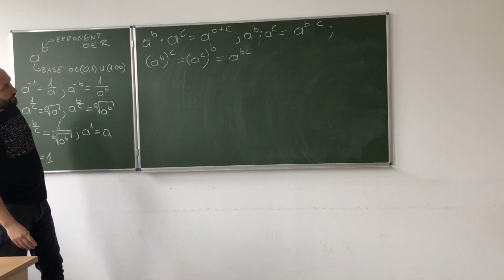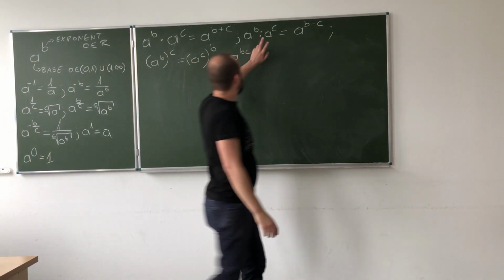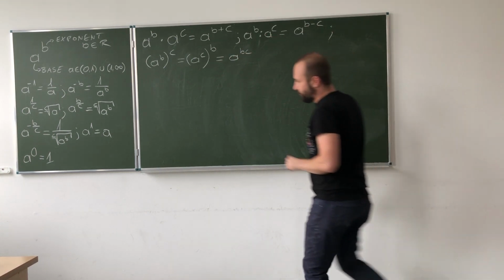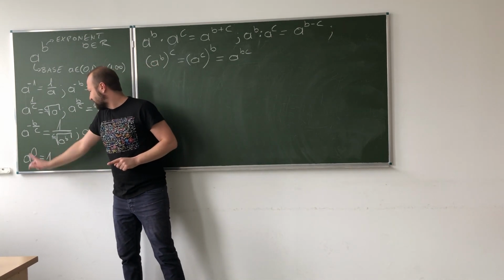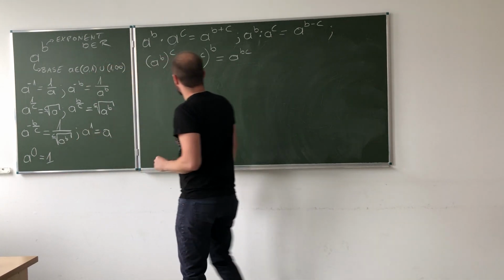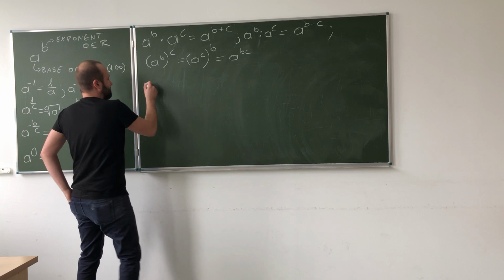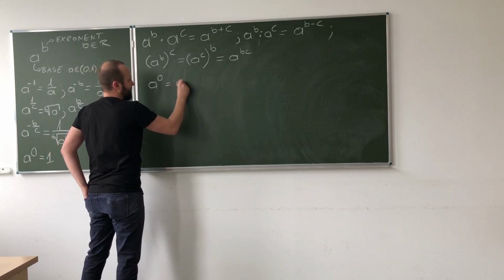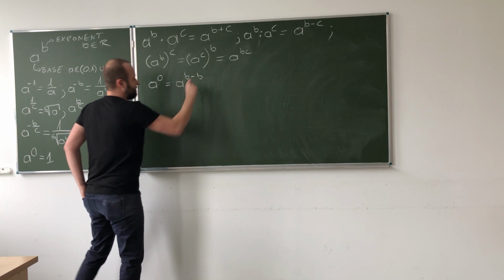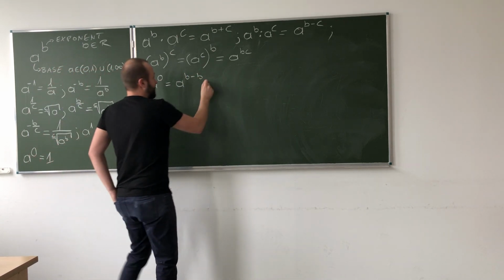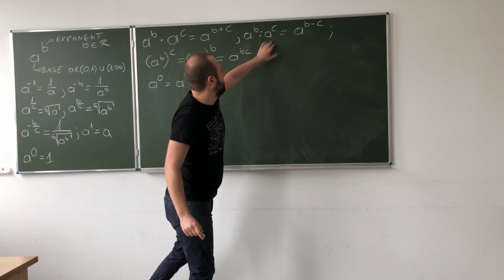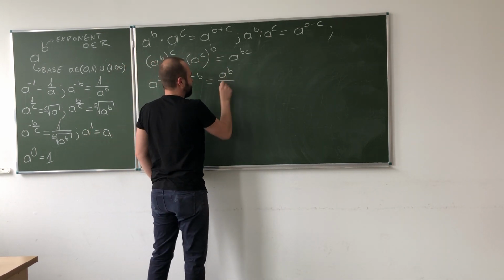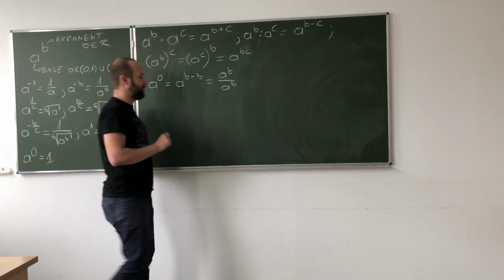And actually, having this rule down, we can do a little bit more. We can actually prove that a to the power of 0 is 1. Because look, a to the power of 0 is the same as a to the power of b minus b. And based on that rule, we can conclude this is a to the power of b over a to the power of b.